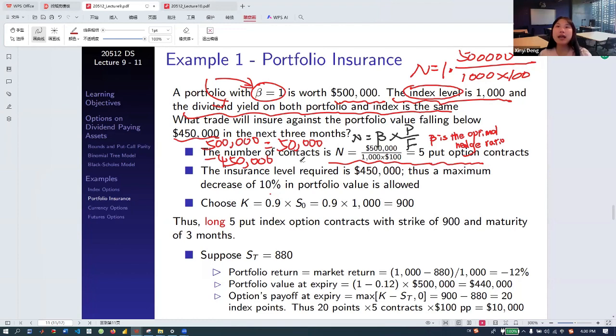And that's a 10% loss. Therefore, when we are determining the strike price for the put option, we just use 0.9 times S0, and that's going to be equal to 900. So 0.9 times the S0 index level of 1,000, then the strike price of the index option is 900 points.